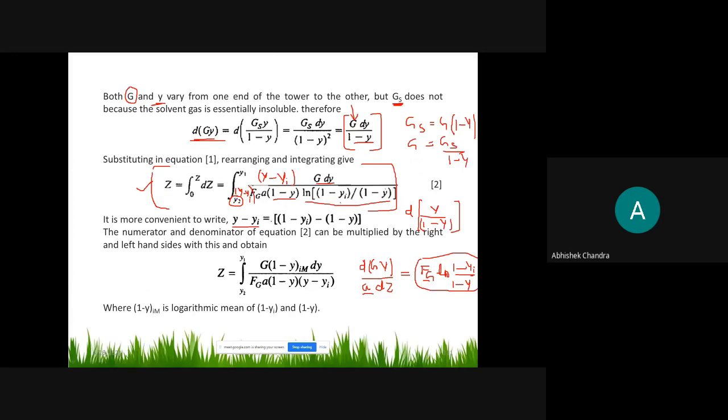Multiply and divide, and in the numerator you can write y minus yi this way, right, 1 minus yi minus 1 minus y. Why are we writing this?